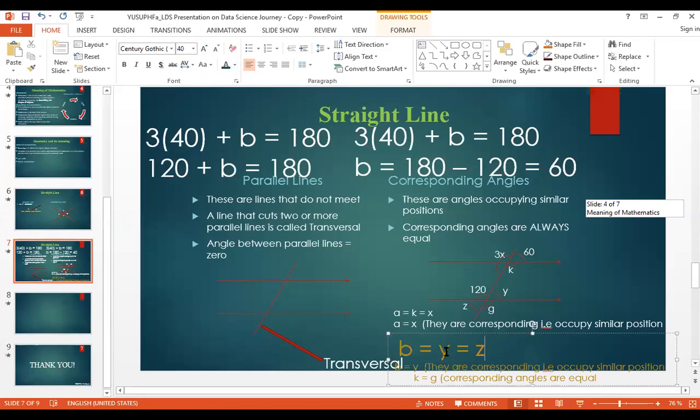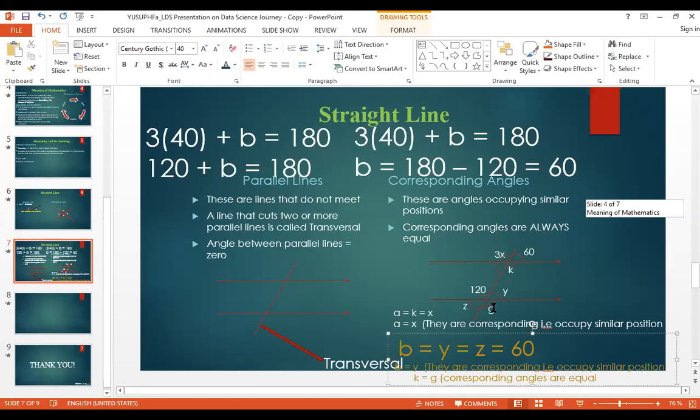That means z and y are also 60. Y is equals to 60 because they are corresponding angles. Y is to the top of this other line and to the right, so it is corresponding to b, it is 60.